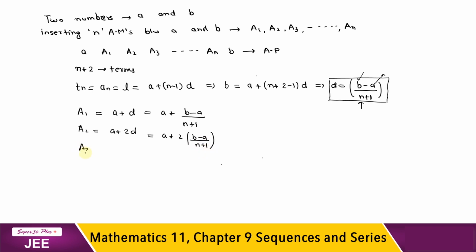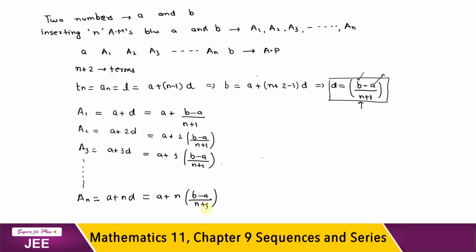And A3 is equal to A plus 3D, which is A plus 3 times (B minus A) divided by n plus 1. So this continues till the last arithmetic mean An, and An is going to be A plus n times D, and this is further equal to A plus n times (B minus A) divided by n plus 1.